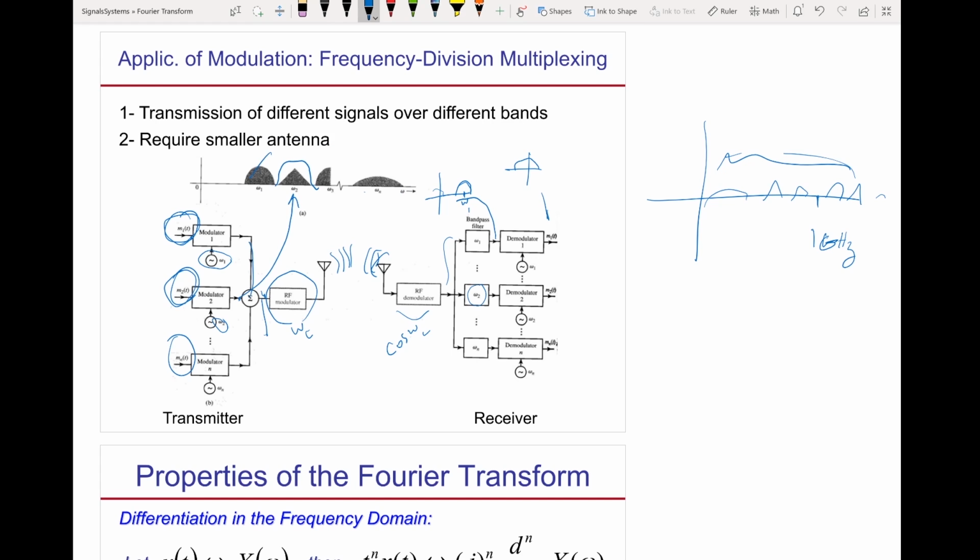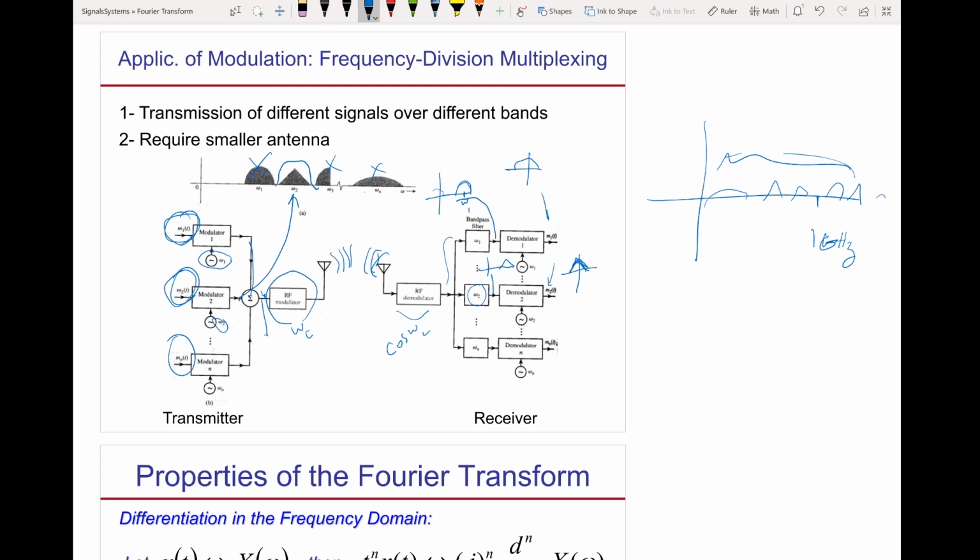So it will filter this out, and this out, and this out. And the signal here will look something like this. Then you do demodulation, so the signal here will look something like this, which is your m of t, and so forth.